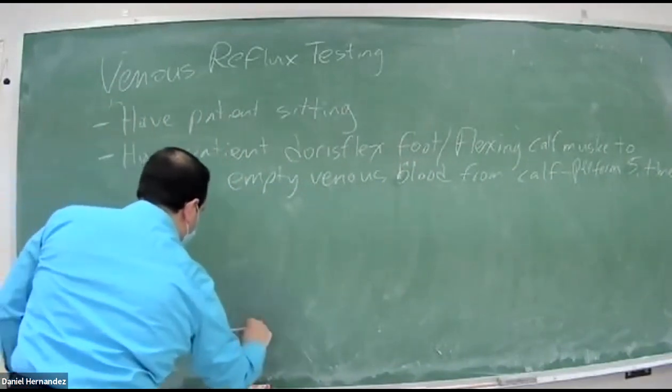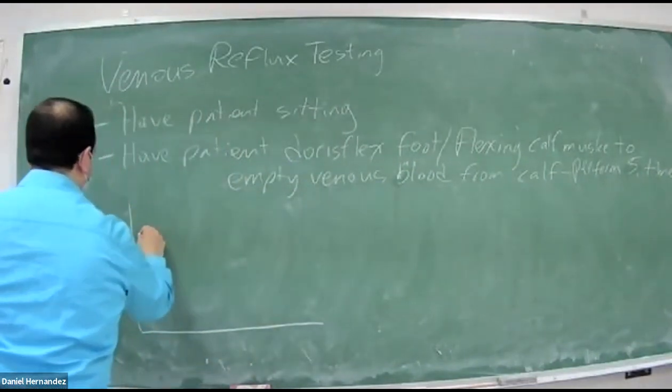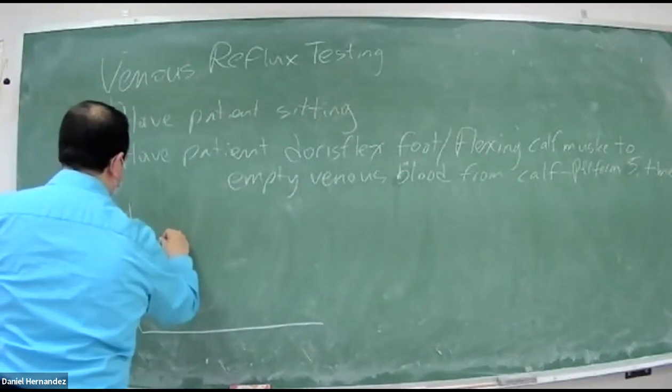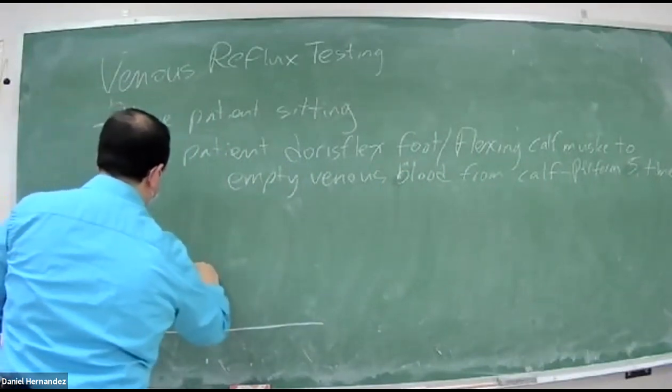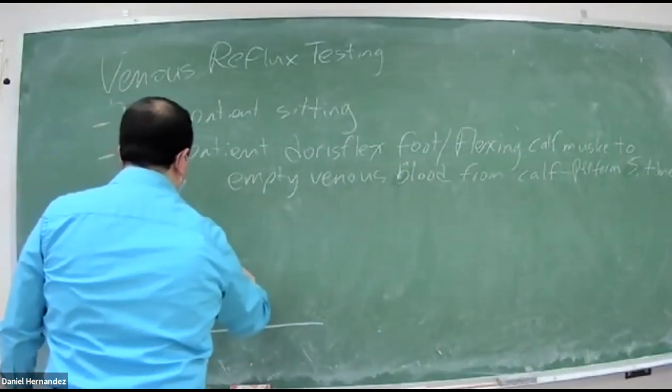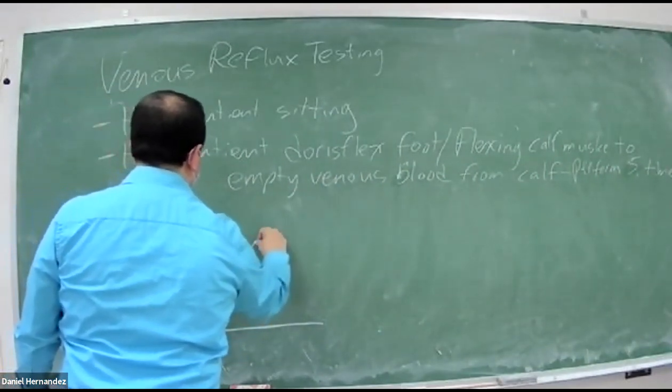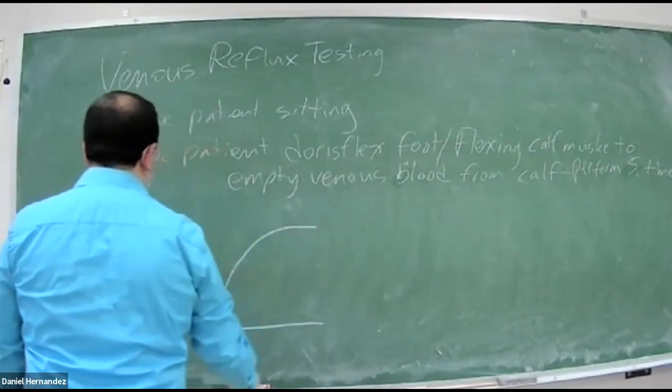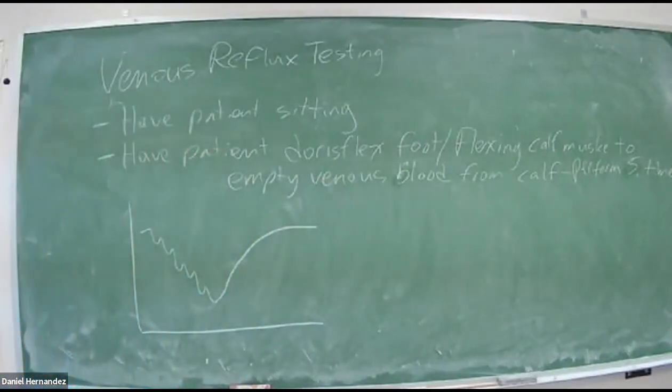You'll get your tracing where you have them flex, flex, flex, flex, flex, flex. And you're looking for your tracing for that venous refill. So that's what your chart is going to look like.